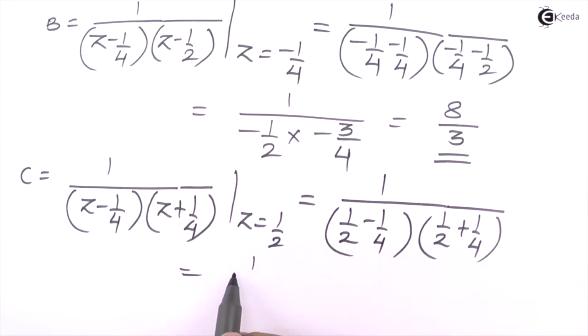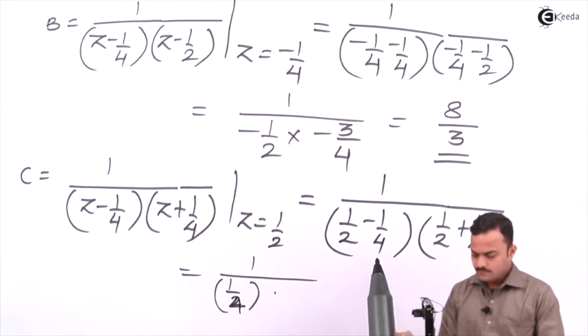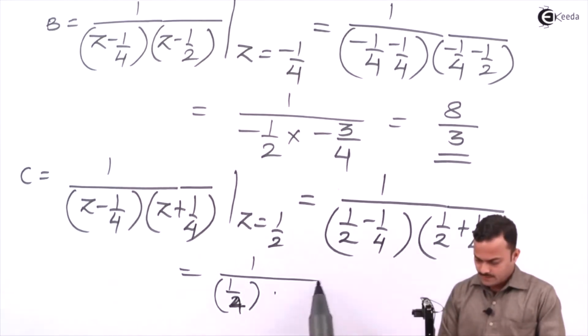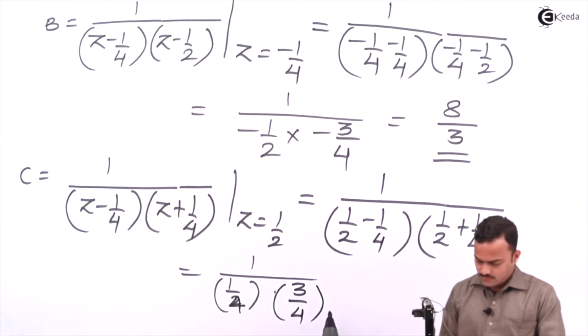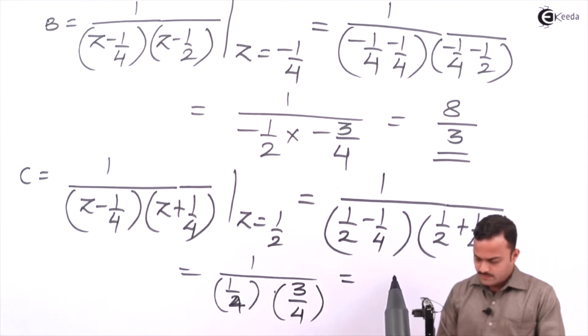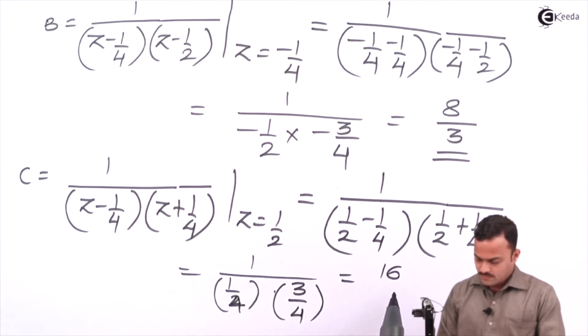So this will be 1 upon 1 by 4 into, if we solve this, we will get here 3 by 4, and the simplification will be 16 by 3.